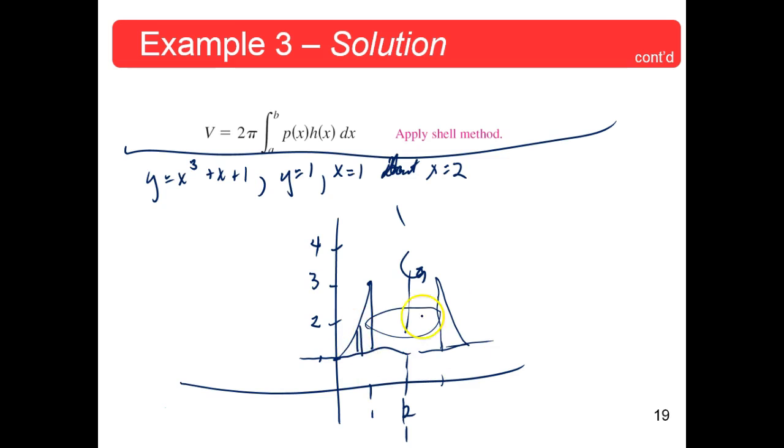And this is going around there. And you already got y in terms of x. If you're doing the disk method and you do dy's, or the washer method, dy's, then you have to get this in terms of y. X is a function of y.